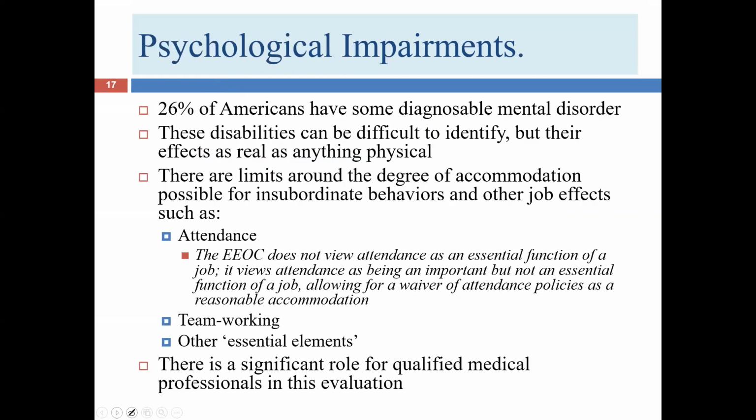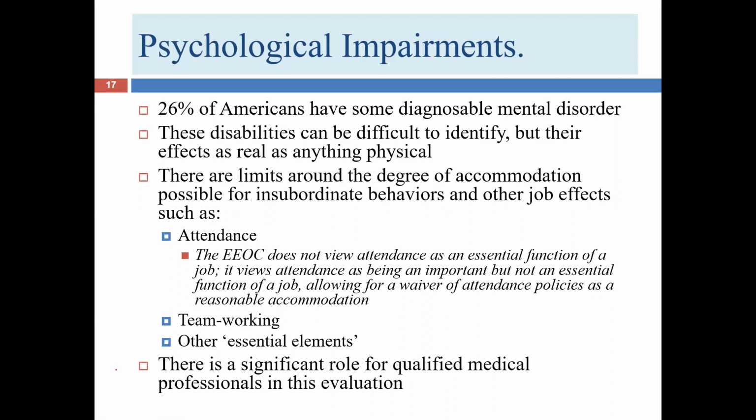Let's discuss psychological impairments. Obviously, mental health issues are very common. A quarter of our population has them. Not every single disorder or impairment is going to qualify as a disability. Some will, some won't.